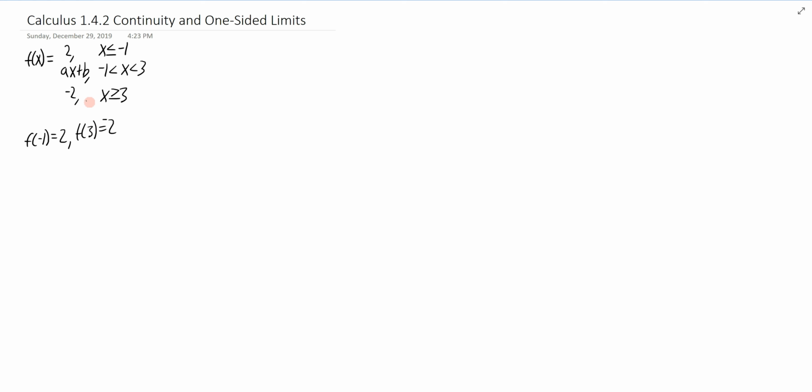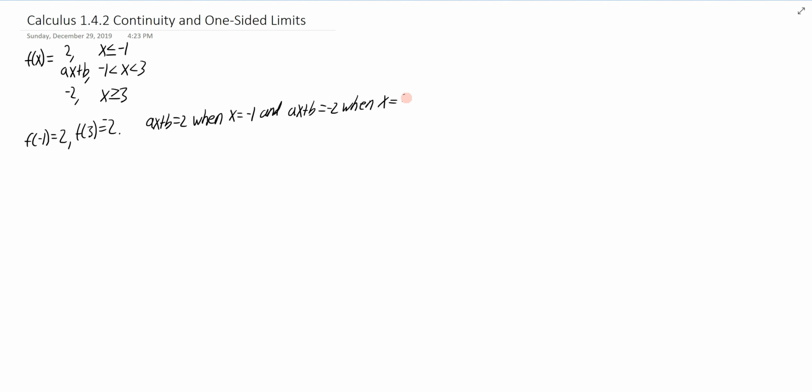So we're going to be looking at ax plus b equals 2 when x equals -1, and ax plus b equals -2 when x equals 3.